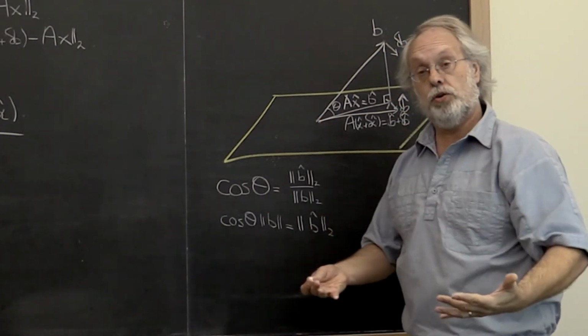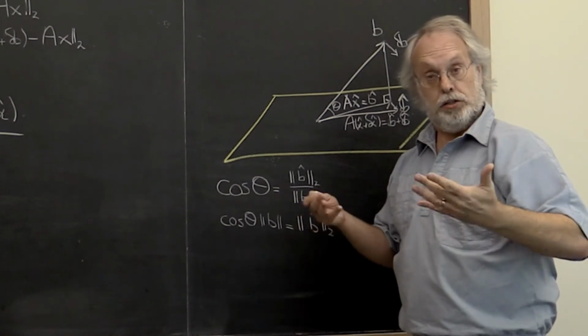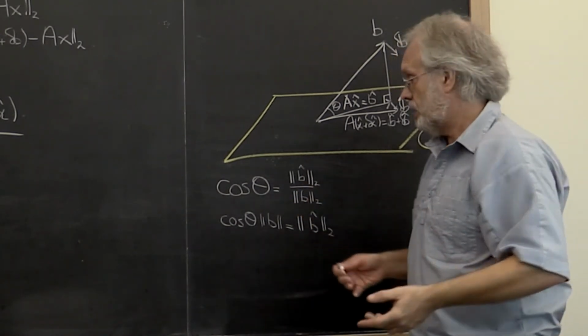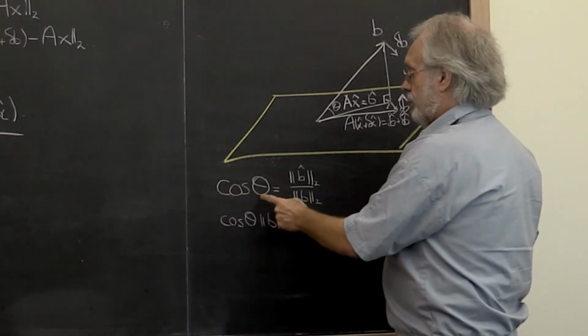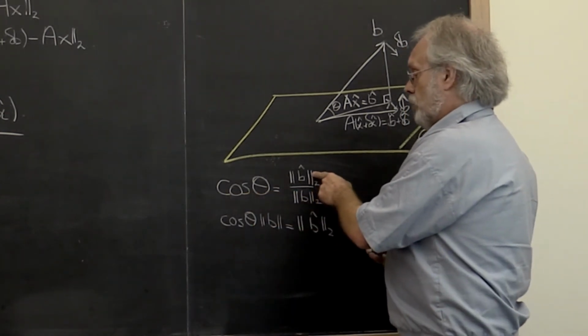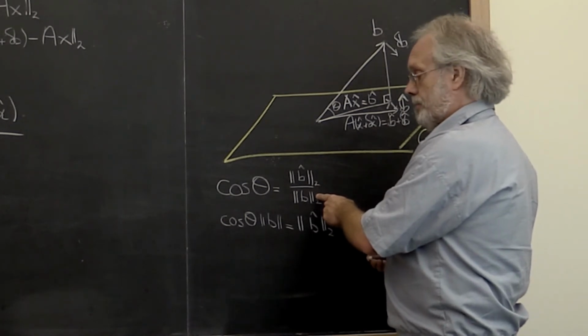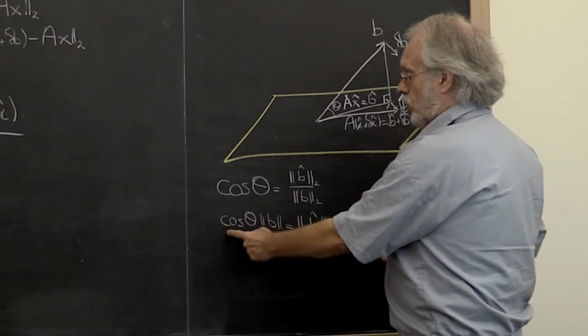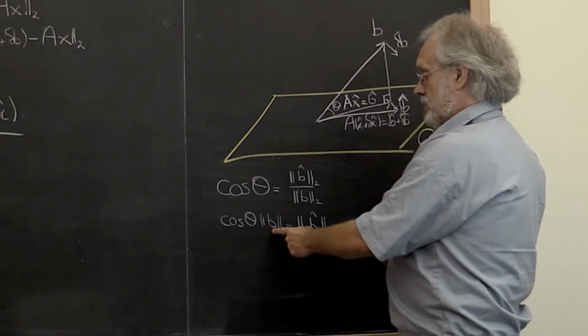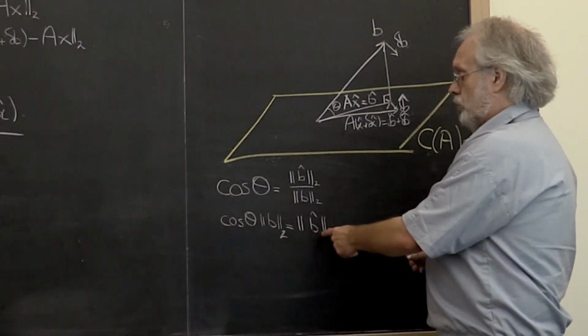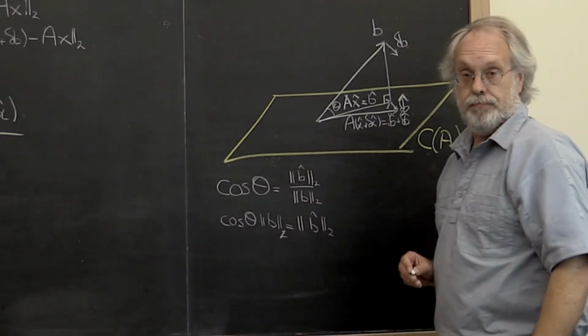Since we're talking about the cosine now, we need to talk about the 2-norm, because we really are talking about Euclidean length. So we get that the cosine of theta is equal to the 2-norm of b hat divided by the 2-norm of b. And what that means is that the cosine of theta times the 2-norm of b is equal to the 2-norm of b hat.